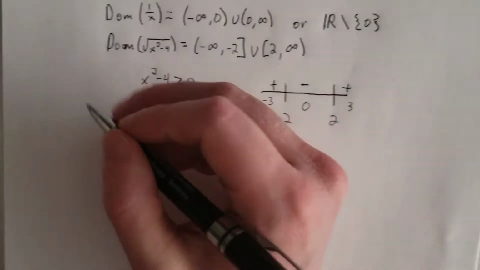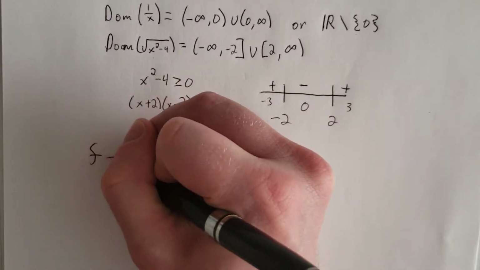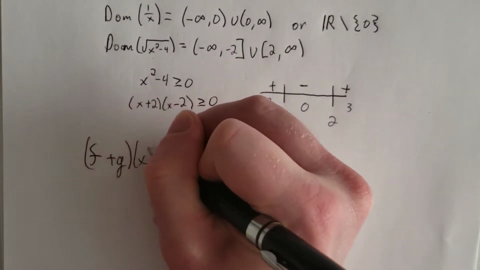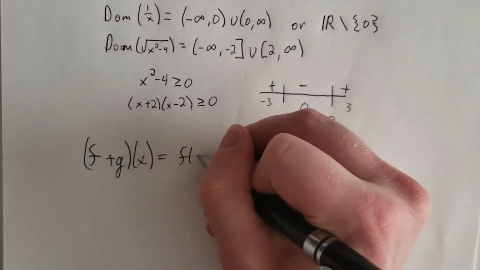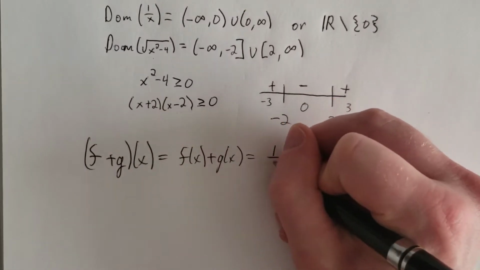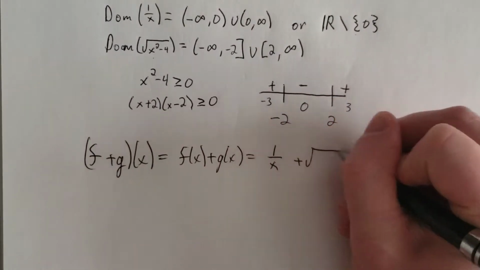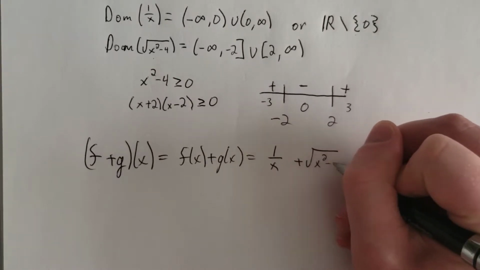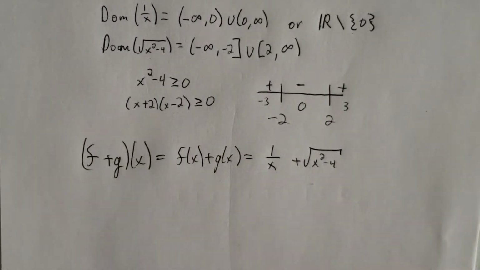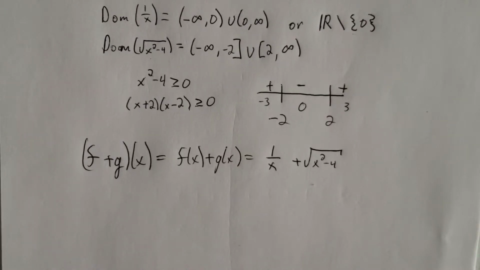What do we want? Well, we want f plus g of x. Well, this is the same as f of x plus g of x. F of x was 1 over x. G of x was the square root of x squared minus 4. And so this is our f plus g of x.